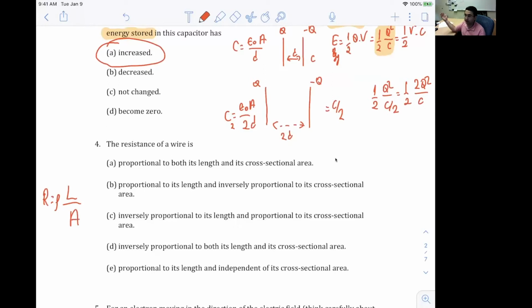If you increase the area, you will have less resistance. The charge is going to have more area to flow. So you can think in terms of that. It's proportional to the length, and inversely proportional to the cross-sectional area. So that's B. The others are inversely proportional to length. None of them are correct.